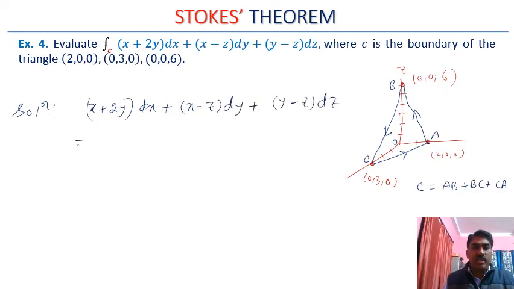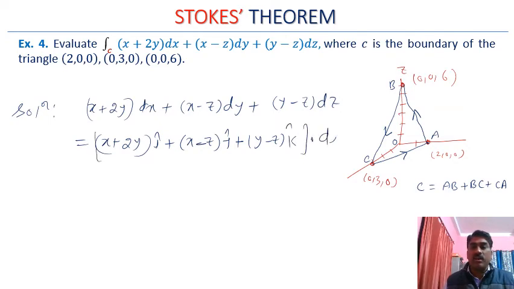You know this can be written as (x plus 2y) i plus (x minus z) j plus (y minus z) k dot dr. This dr is dx i plus dy j plus dz k.